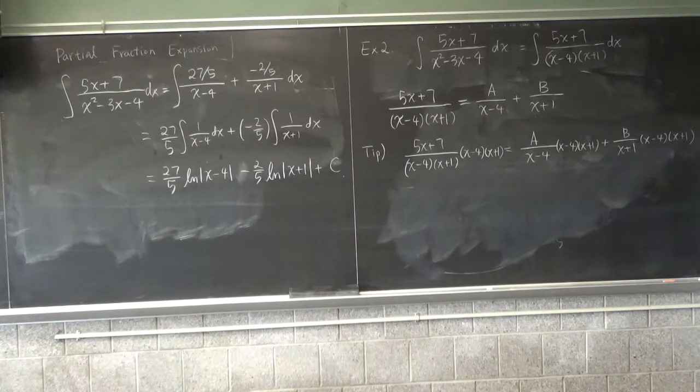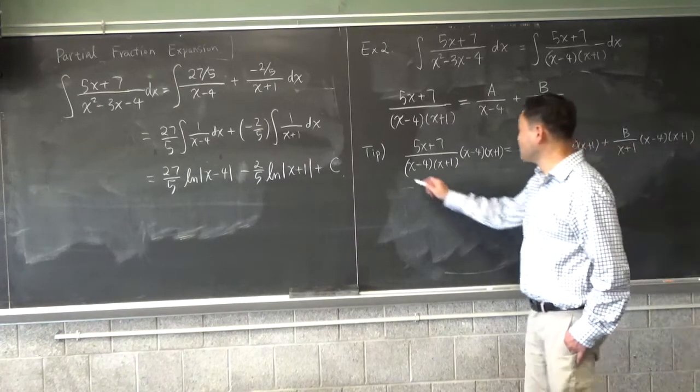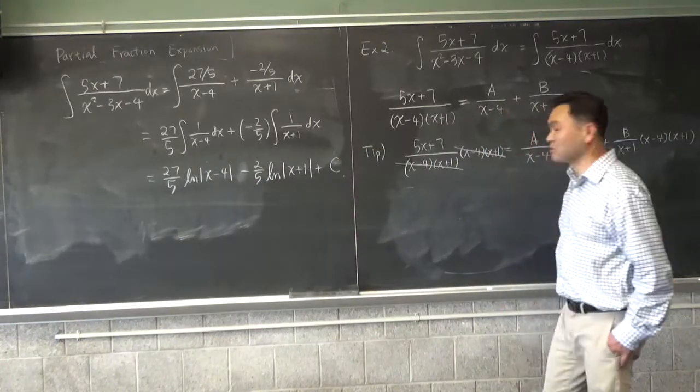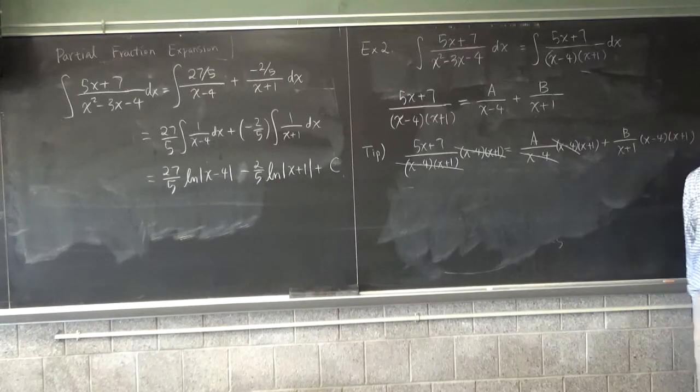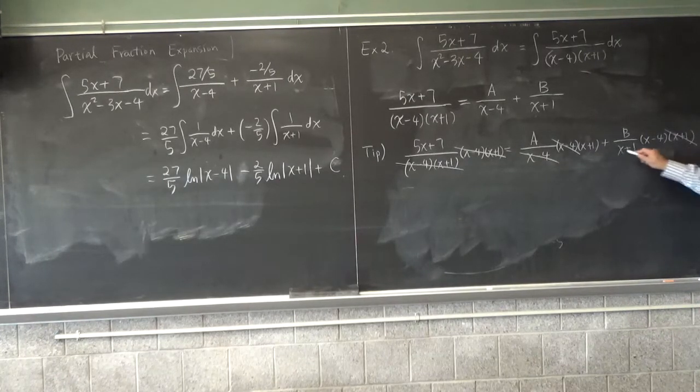Because doing so will kill all the denominators, right? The bad guys, our enemies. The denominators make fractions, and fractions are our enemies. We don't like them. So once we get rid of the fractions, we're happy.